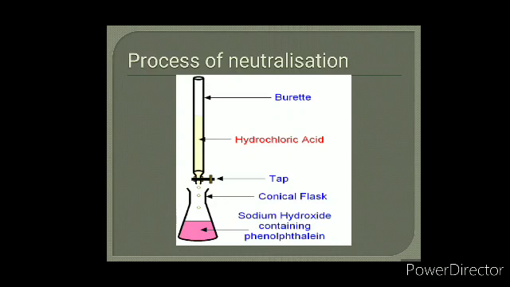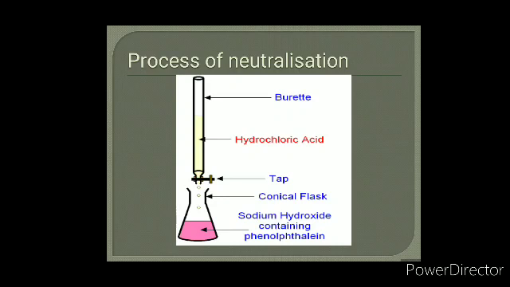Then in a burette, we will take some hydrochloric acid, and drop by drop we will add it to the sodium hydroxide, and we will stir it also. After adding some drops of acid to sodium hydroxide, which is a base, you will see the pink color vanish after some time.